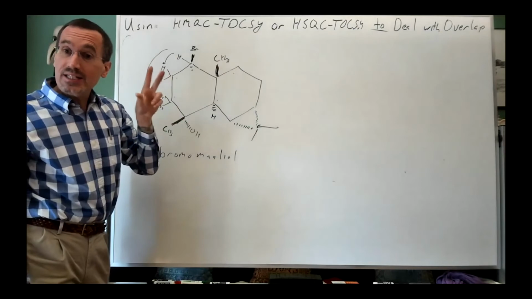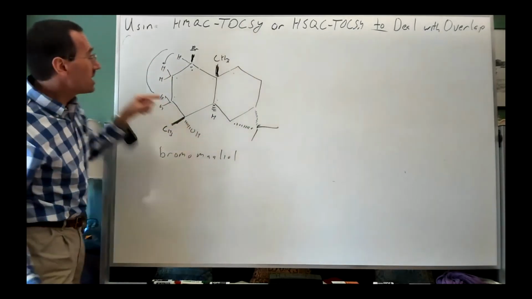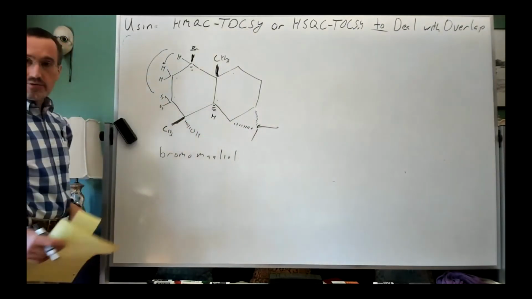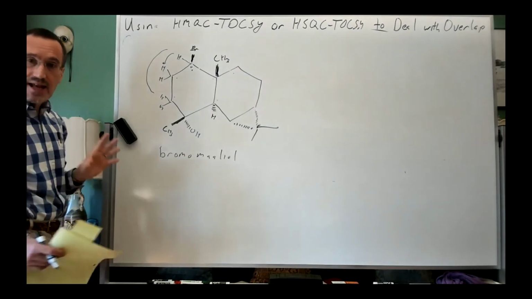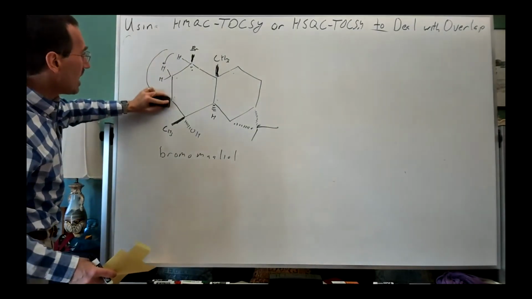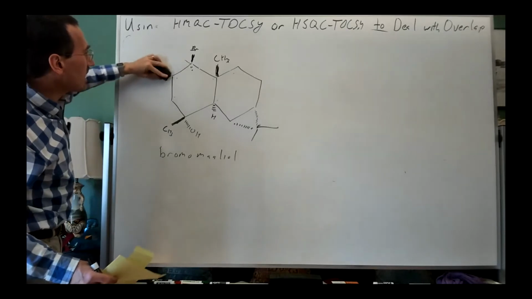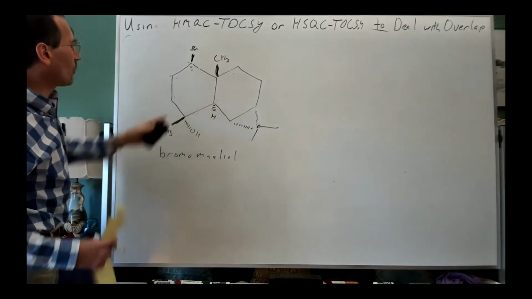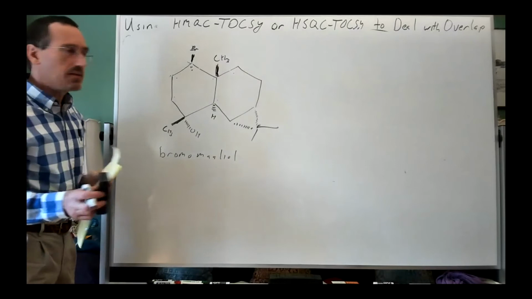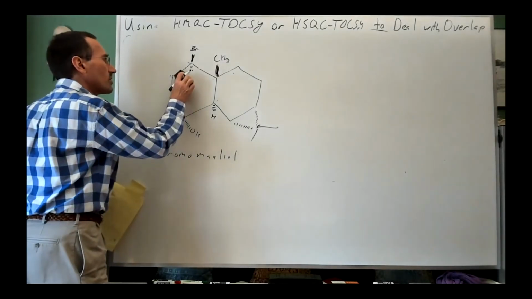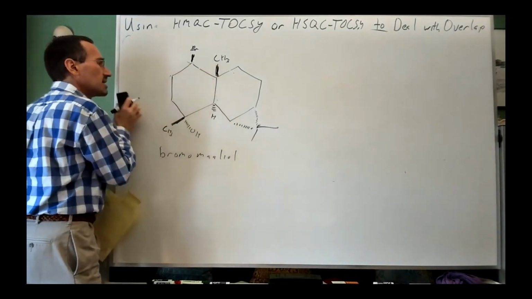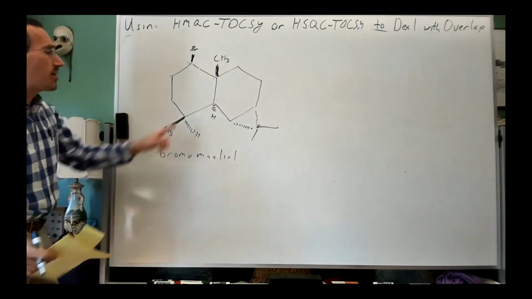The HSQC TOCSY is only going through the hydrogen-hydrogen coupling. So that's the key difference. And what that means is that this technique shines for elucidating spin systems when you have severe overlap. And that's what today's example is going to be about.